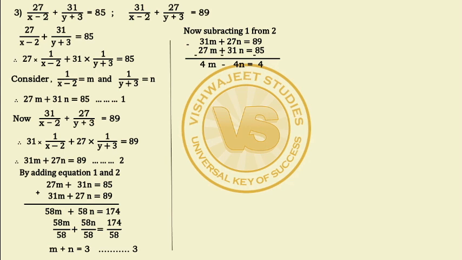After subtraction, we get the equation 4m minus 4n is equal to 4. Each term can be divided by 4. So 4m upon 4 minus 4n upon 4 is equal to 4 upon 4. We get m minus n is equal to 1. Give equation number 4 to this equation.